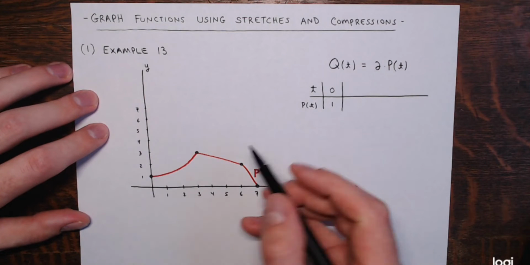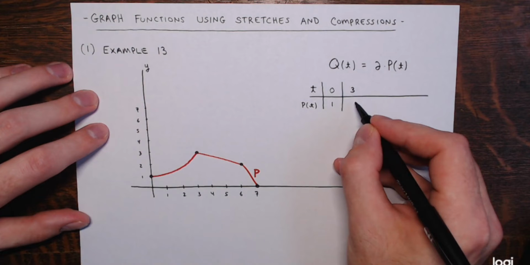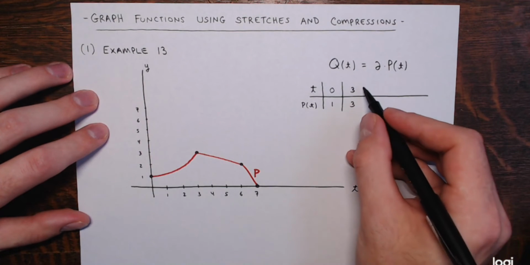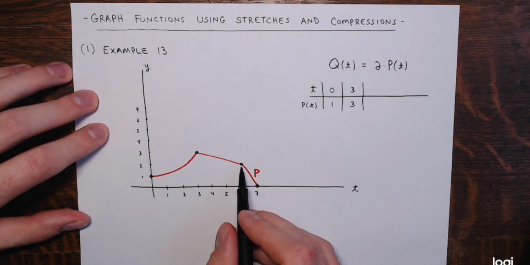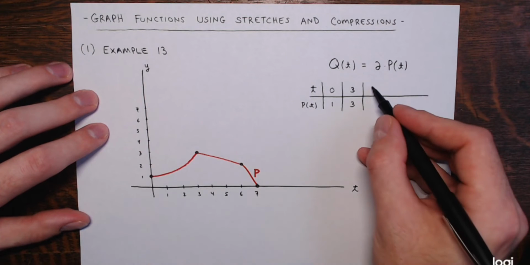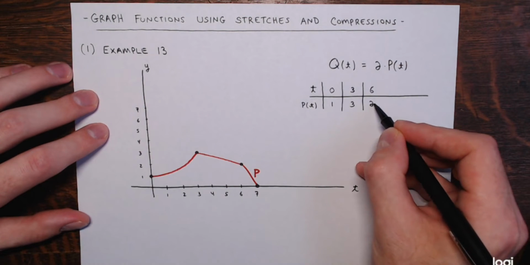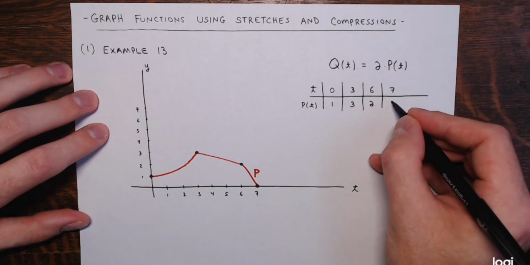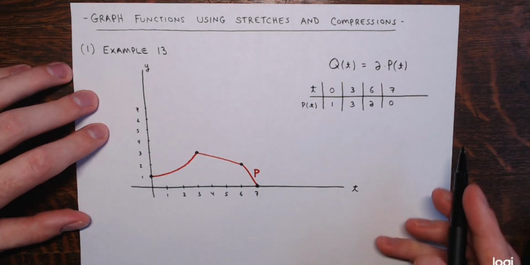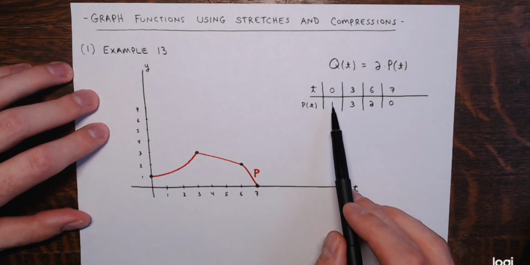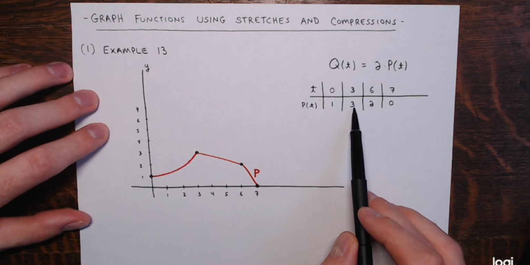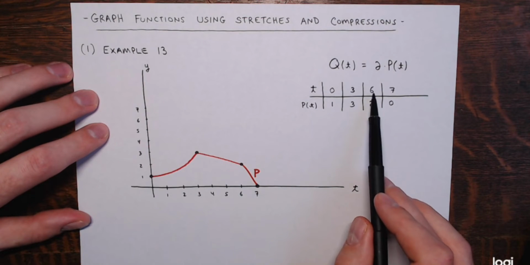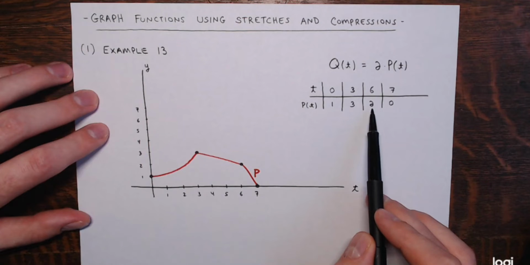I just look for some nice corners. Input 3, output 3, and then a bunch of points in here, and then 6, 2 was another one I saw on the graph. And then finally 7, 0. So we know that P of 0 is 1, P of 3 is 3, P of 6 is 2, P of 7 is 0.